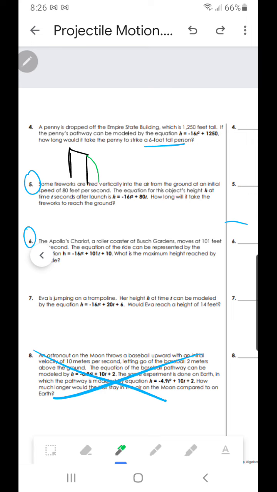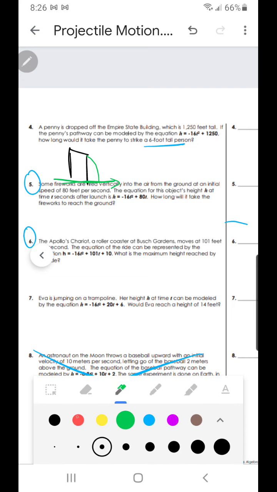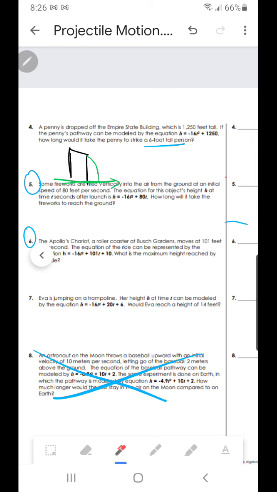Now, when we were doing how long it would take for the ball to strike the ground, what did we let h equal? We always let h equal 0, right? We let it equal 0 because that was the height when it hit the ground. But now they don't want it to hit the ground. They want to know at what time will it strike a 6-foot tall person.